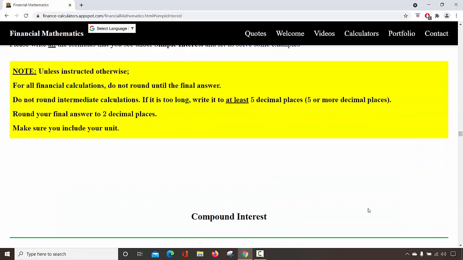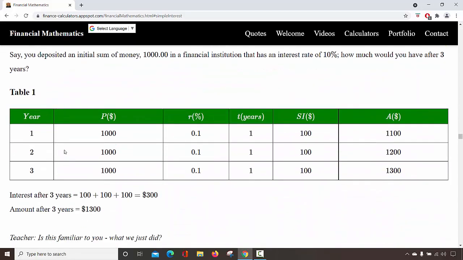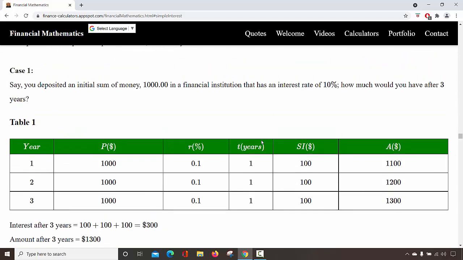Now, let's look at an example of simple interest before we go to compound interest. Say you deposited an initial sum of money, $1,000, in a financial institution that has an interest rate of 10%. How much would you have after 3 years?